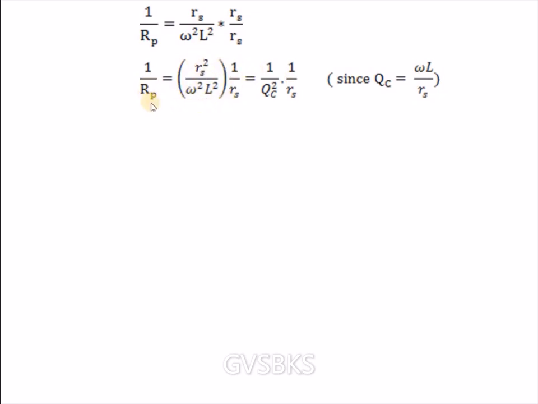Therefore, 1 by Rp is equal to QC square into 1 by Rs. Therefore, Rp can be written as QC square into Rs. This can also be written as omega L into QC.